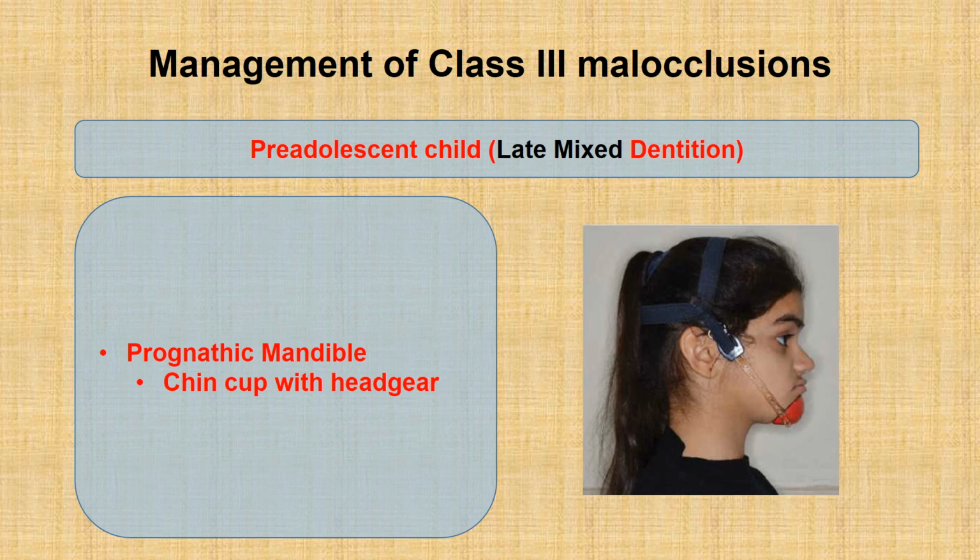Okay, if the mandible is at fault, the mandible is prognathic, then mandibular growth can be restrained orthopedically by using a chin cup in combination with a headgear.